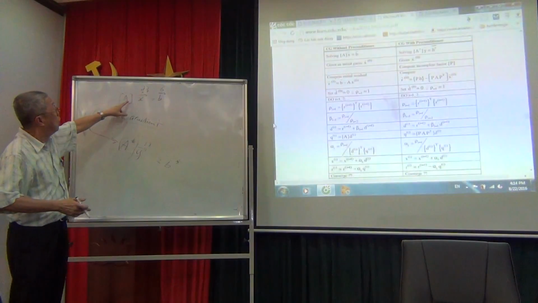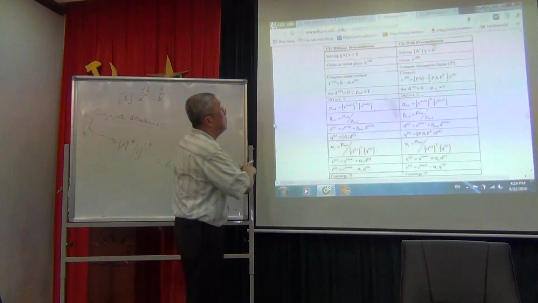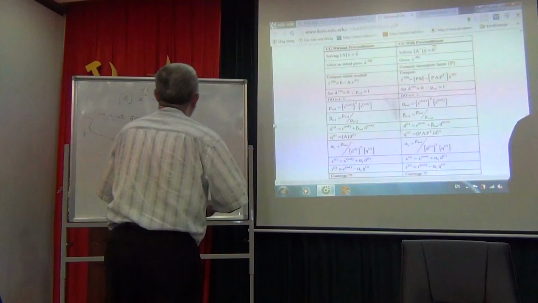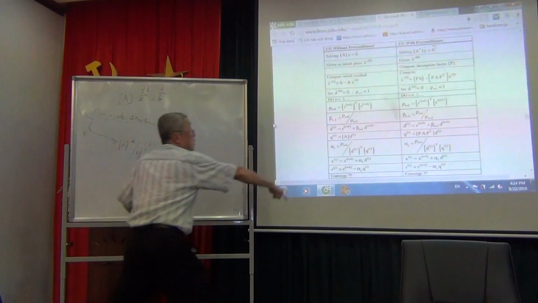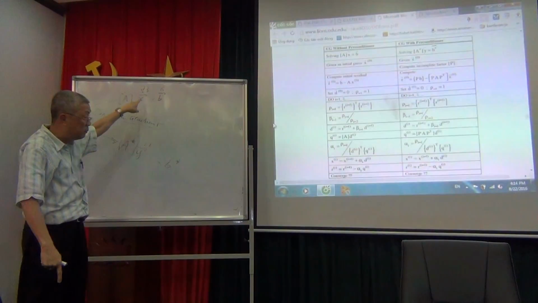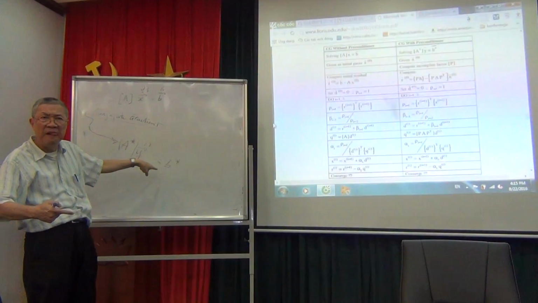Why not apply this conjugate gradient algorithm here? But we want to apply it here. What's the reason?